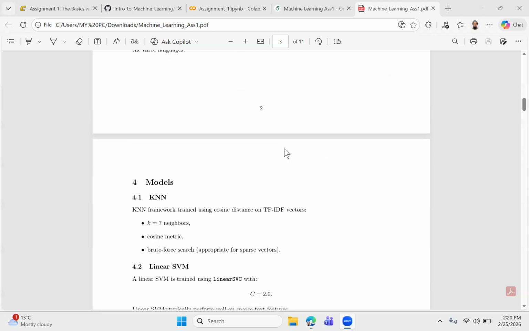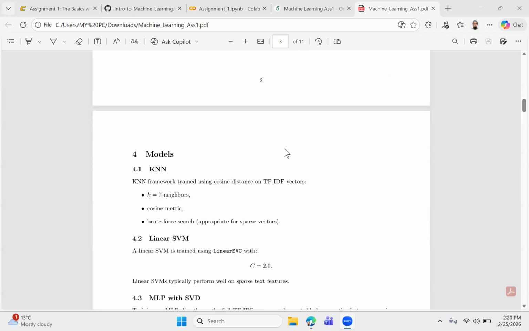For models, according to the assignment, I use three types: KNN, SVM, and MLP with SVD. Initially I used MLP without SVD, but its accuracy was a little bit less. Then I updated my code and used MLP with SVD. KNN uses cosine similarity in TF-IDF space.